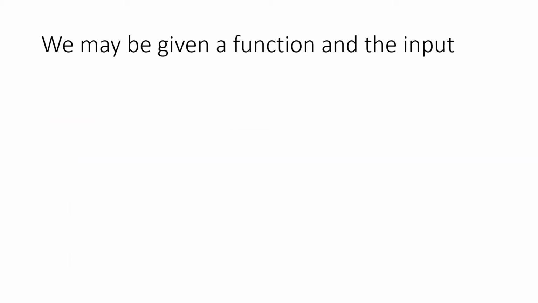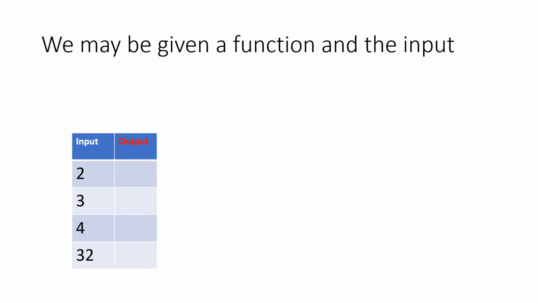So if we're given a function and the input, then we can work out what the output is, just like on our machine. So here's a table with some inputs, and here is our function, which is plus 2. So we can see that if our function is plus 2 and we have an input of 2, 2 plus 2 is equal to 4. And so on for the rest of the table.